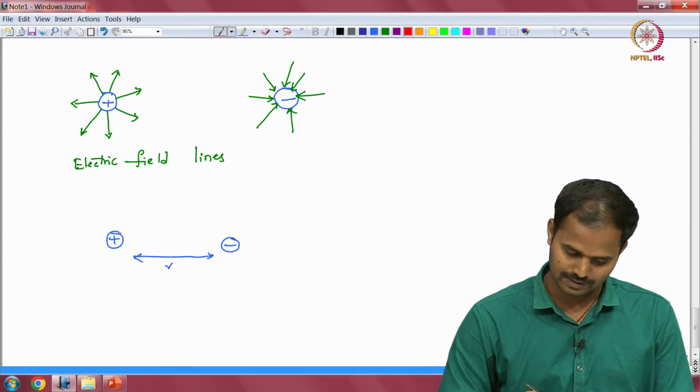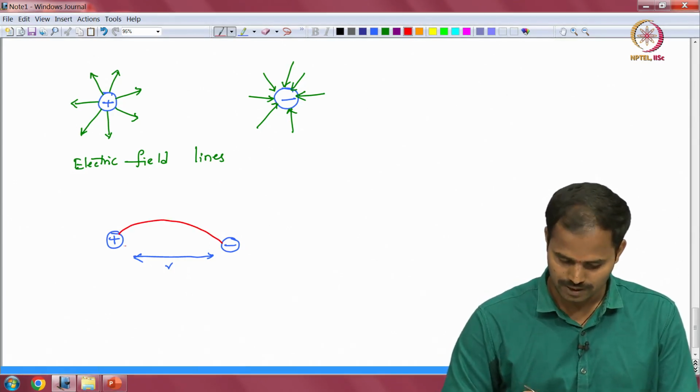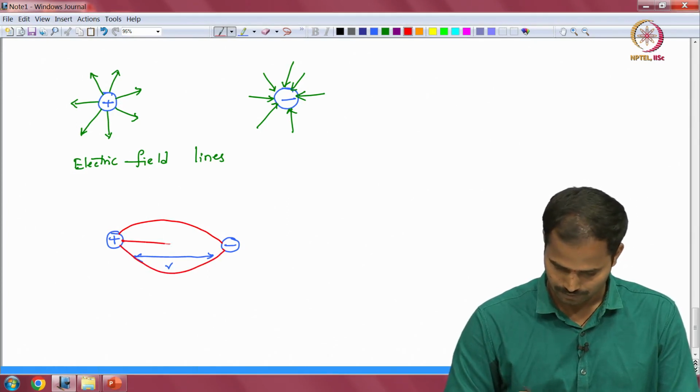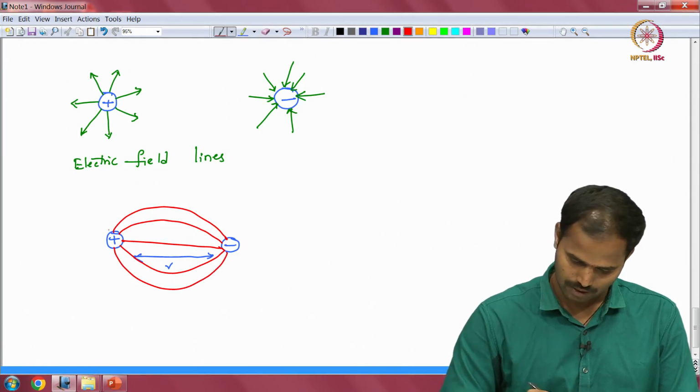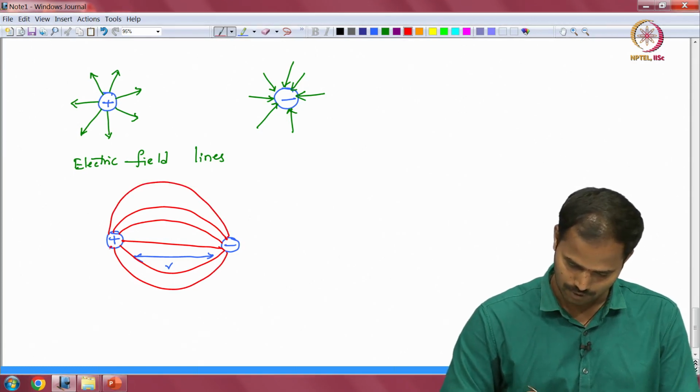The field lines with respect to these two charges will be in this manner. This is the electric dipole formation.